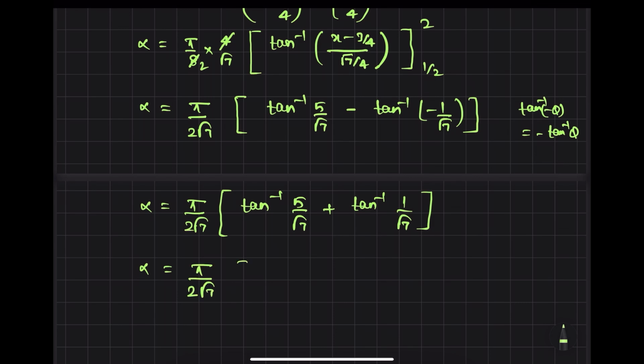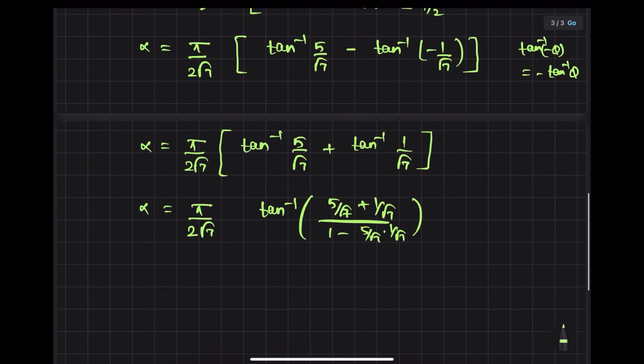Then we will be having pi by 2 root 7 tan inverse, it is a plus b, right, 5 by root 7 plus 1 by root 7 upon 1 minus 5 by root 7 times 1 by root 7.